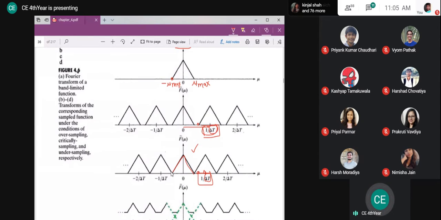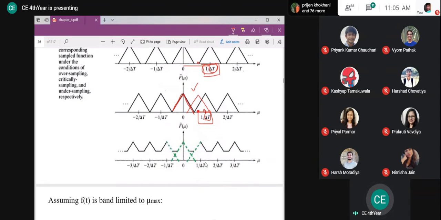This function will get repeated here, so it will look like this. My delta t is larger and 1 by delta t is smaller than in the previous case. Now if I reduce 1 by delta t further, I get such overlapping.